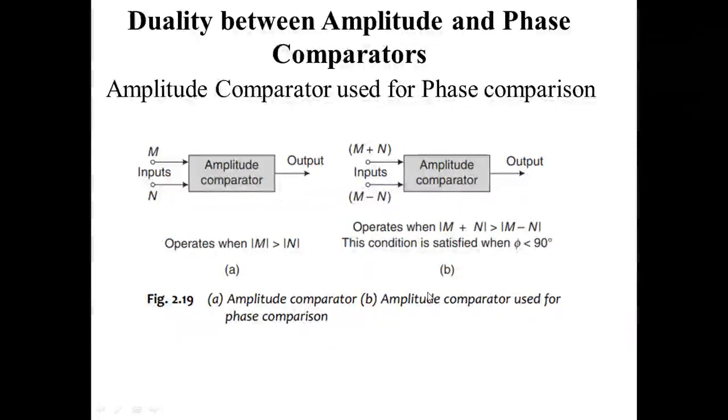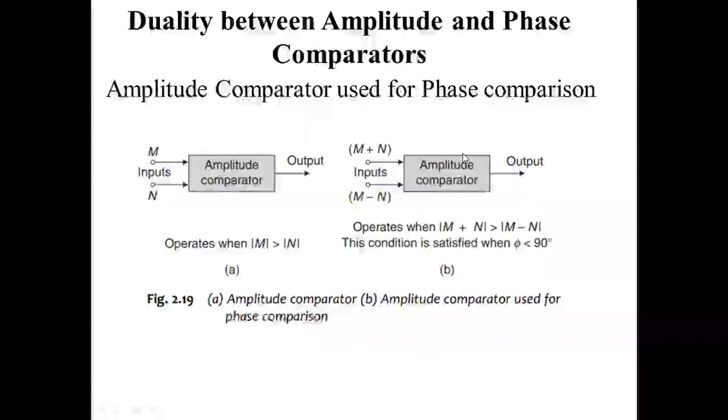In the second figure, the block diagram is the same, but the inputs are changed to M plus N and M minus N. There are two inputs and one output.